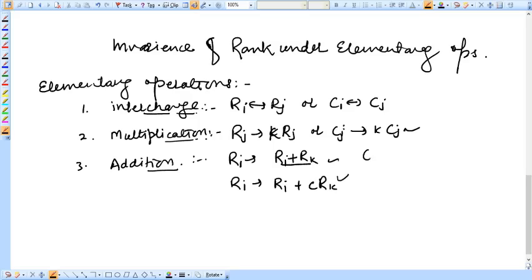And Ci is operated in the same way. This is also an elementary operation.